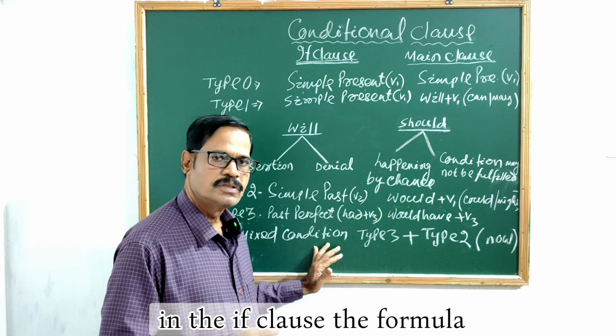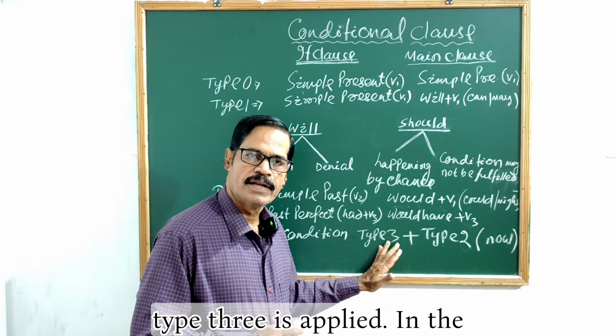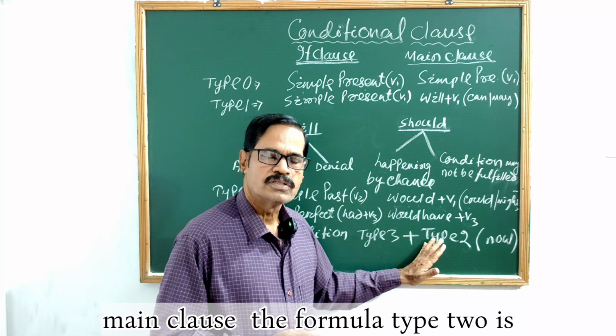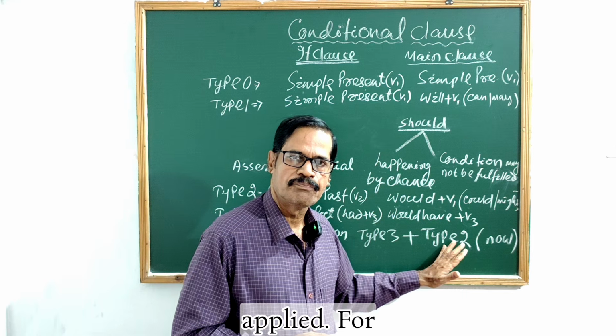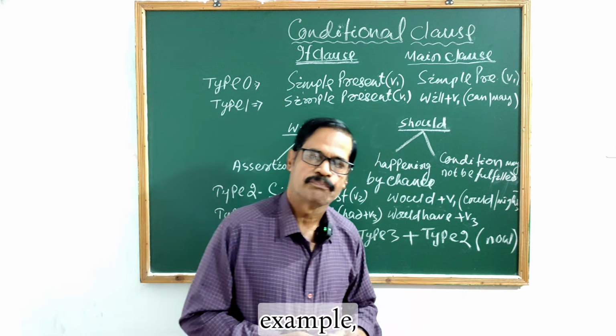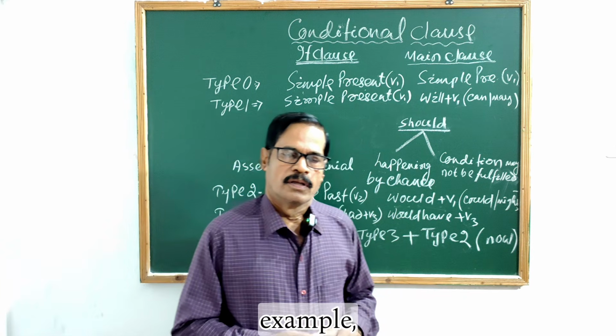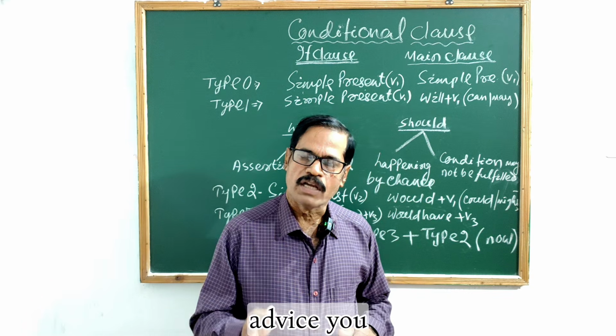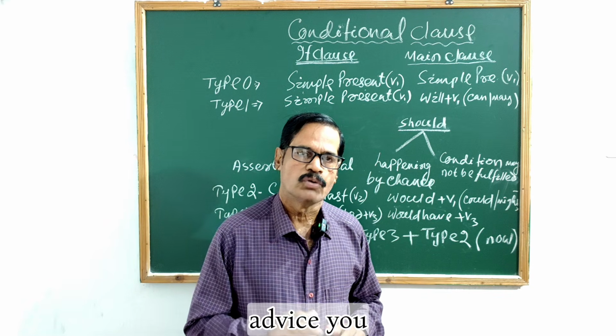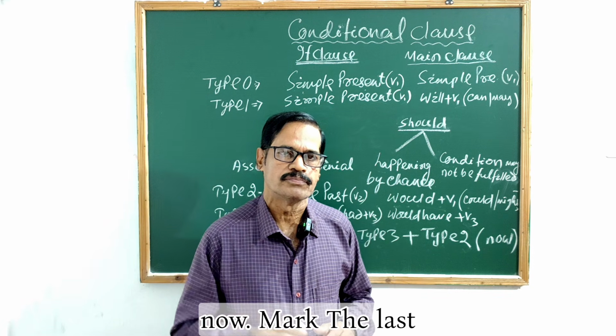In the if clause, the formula of type 3 is applied. In the main clause, the formula of type 2 is applied. For example, if you had followed my advice, you would not be in problem now.